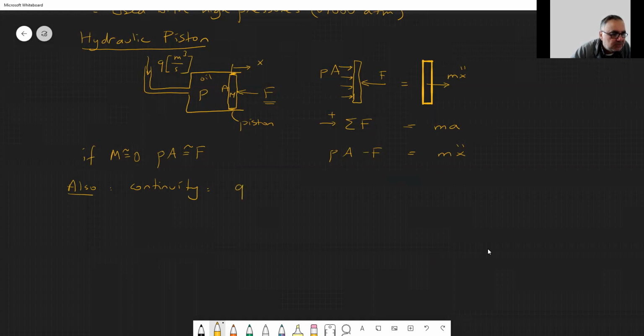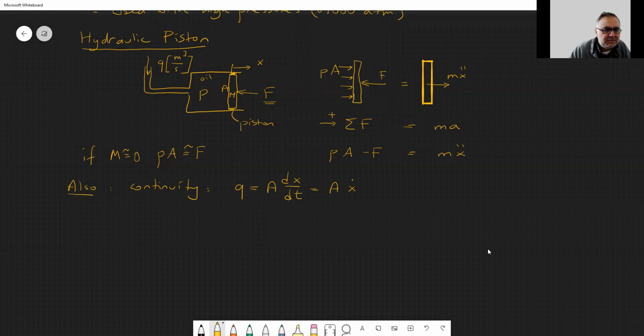So the Q coming in should be the Q that moves with the piston, and that is area times dx/dt, or area times x dot, A x dot.